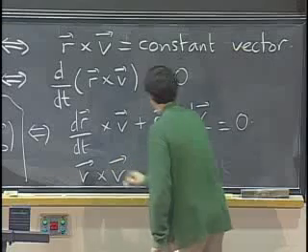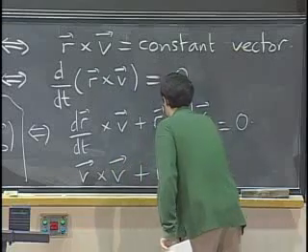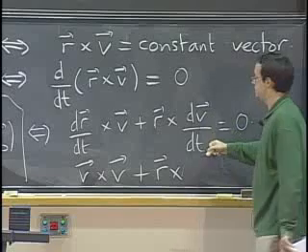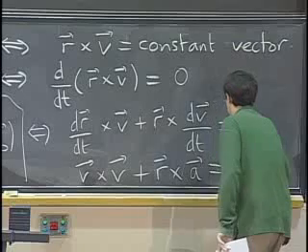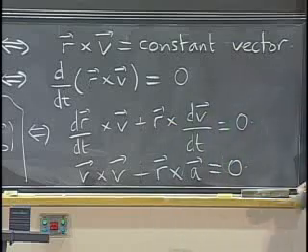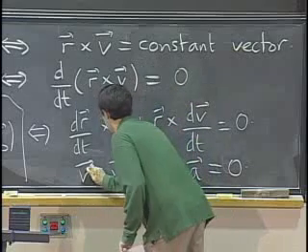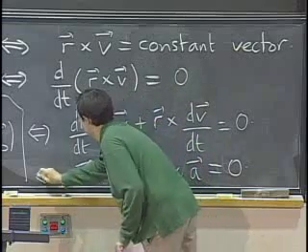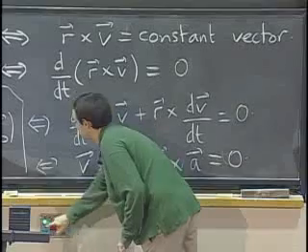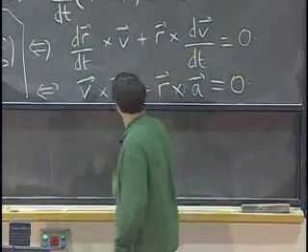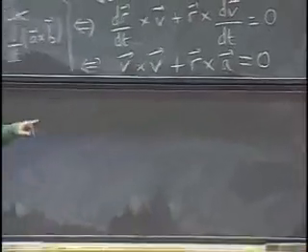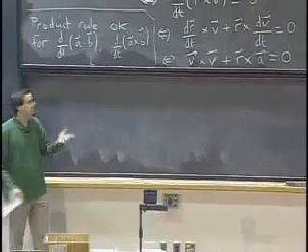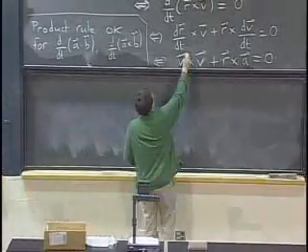So this is v cross v plus r cross what is dv/dt? That's the acceleration, a, equals 0. Okay, so now what's the next step? Well, we know what v cross v is, because remember, a vector cross itself is always 0.